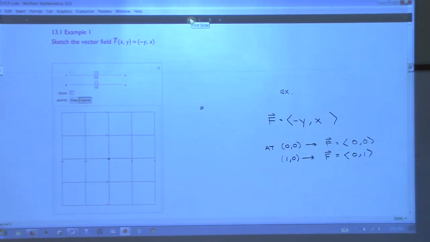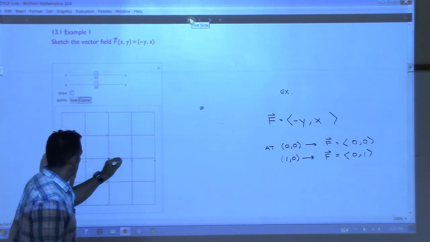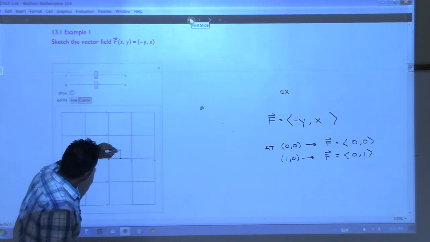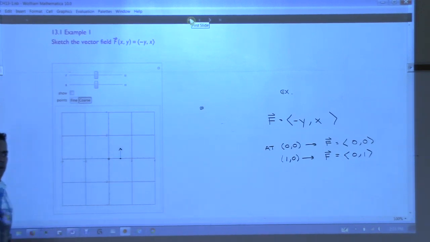It'd be ⟨0, 1⟩. That's a vector that points directly straight up and has a length of 1. So at (1, 0), out to the right, the vector that corresponds to that point goes up 1.